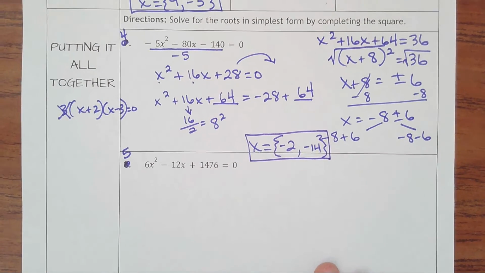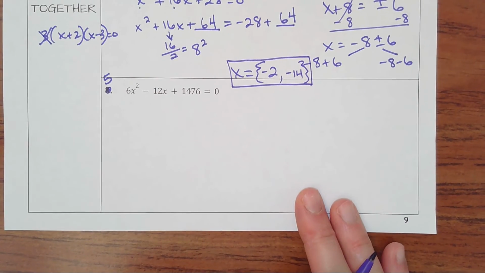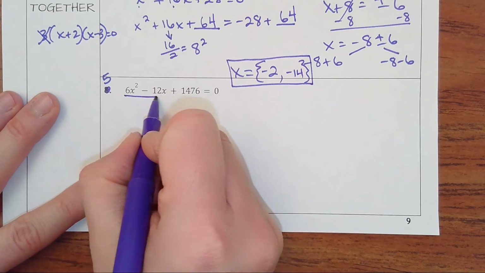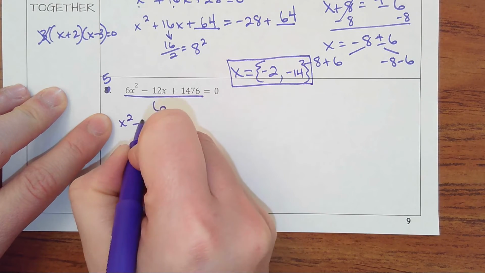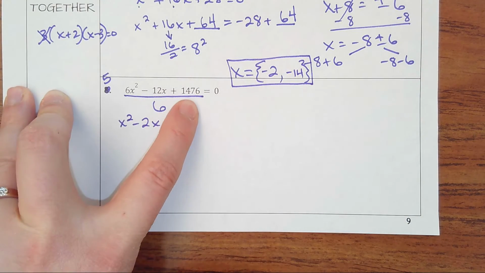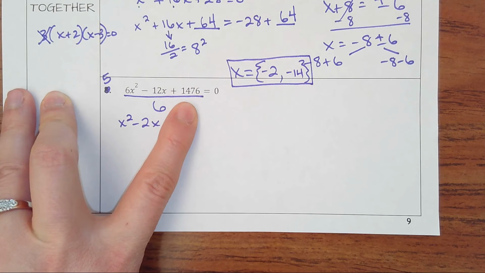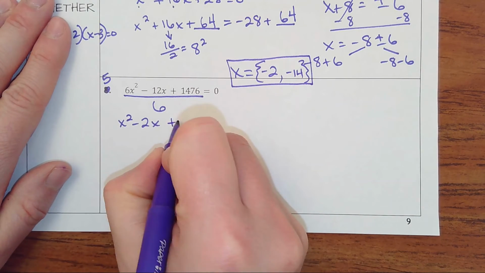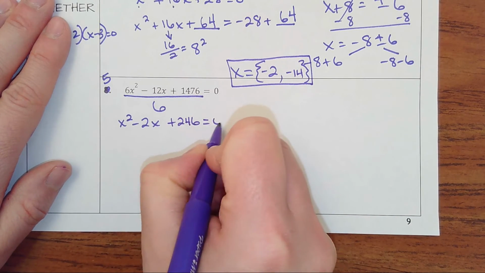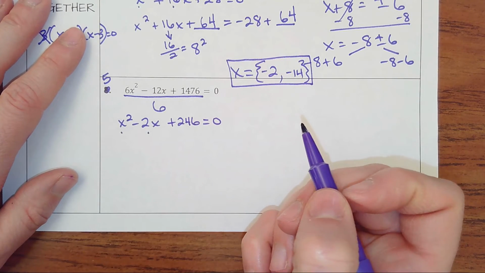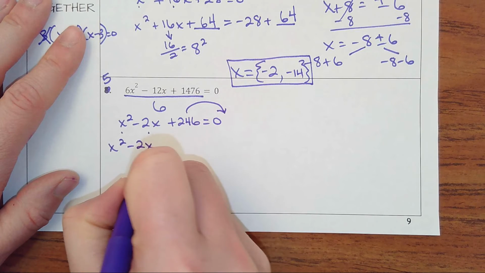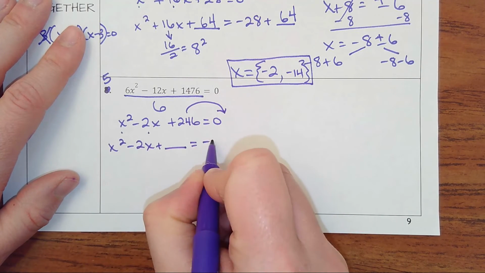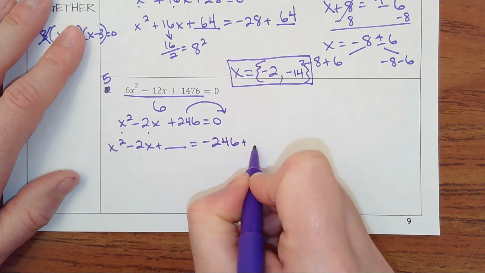And then number 5, we should be able to divide everything by 6. So that would now be x squared minus 2x. 1476 divided by 6 is 246. It's equal to 0. I want my a and my b to stay. I'm going to move my 246 over. Put your plus blank. Now this is negative 246 plus blank.